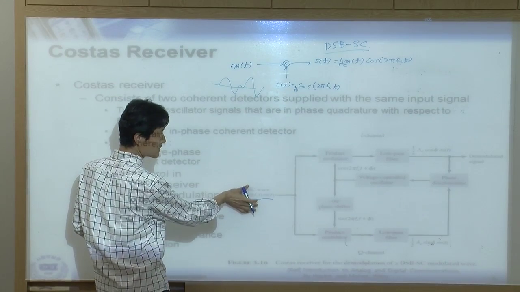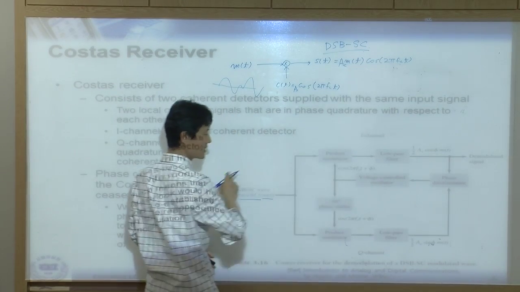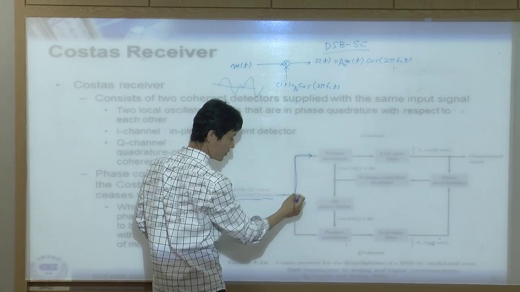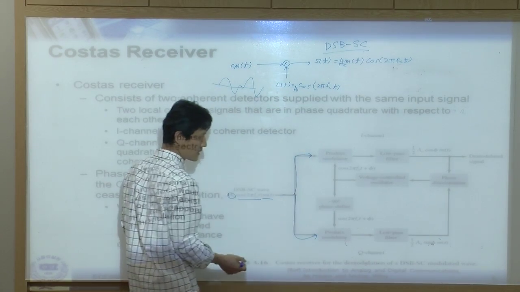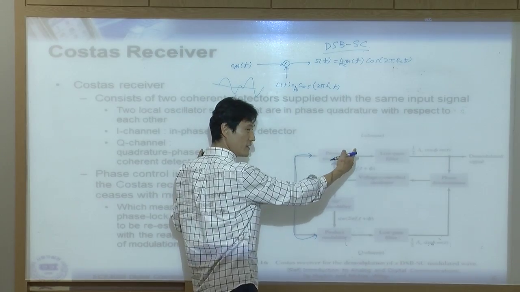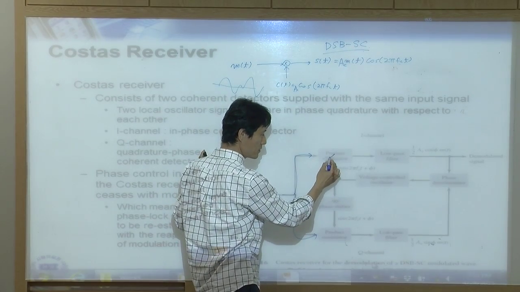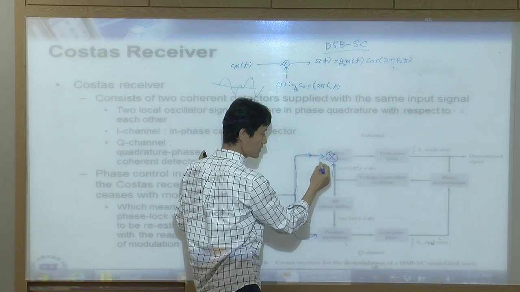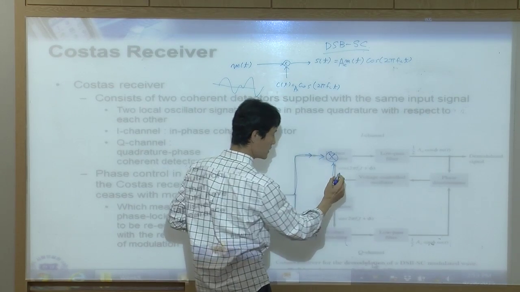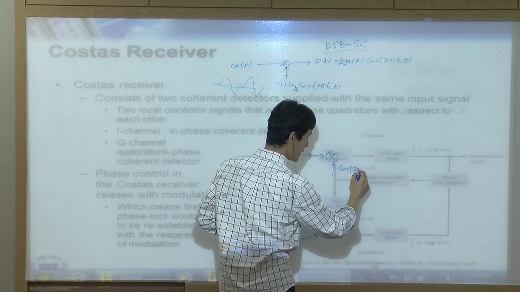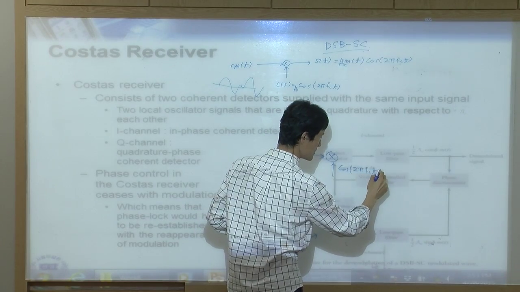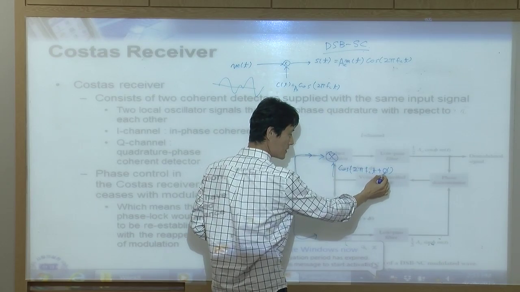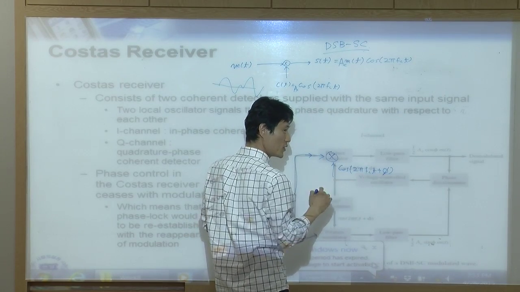We receive this signal, s(t), coming in. So this s(t) goes up, and also goes down. Now in the I channel, we are going to multiply by cosine. But this cosine has some different phase. Let's call this phi. At this point, phi we don't know.